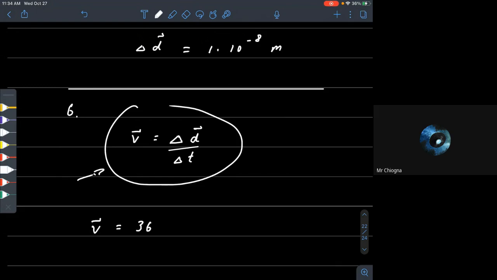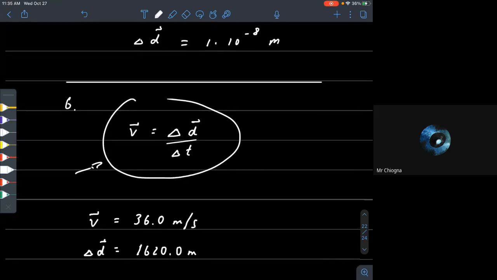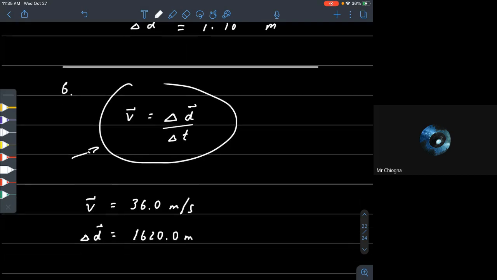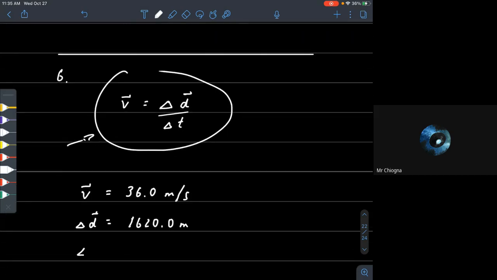36. Okay, so make a list of what you got. We're given the distance, which is the same as the displacement. And then the expression that they use is how many seconds? That's your time. You're looking for expressions that stand out.